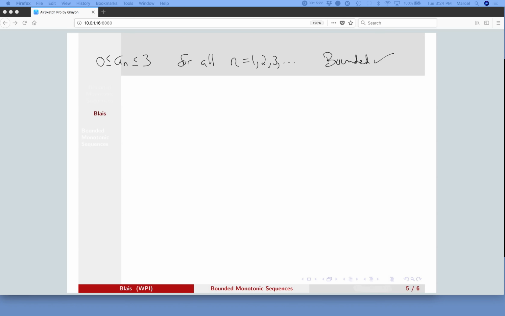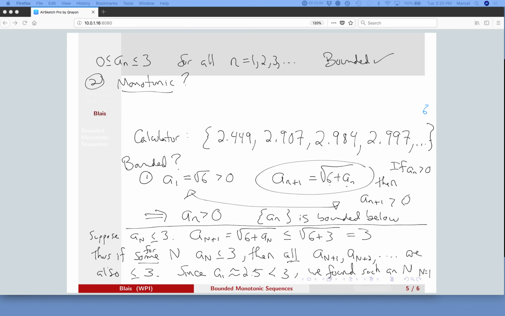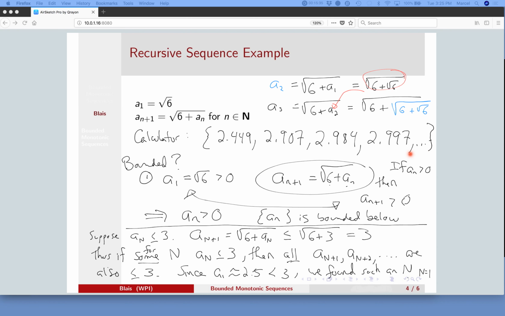How about monotonic? Well, remember, looking at these numbers in the sequence, it looks like this is an increasing sequence. So let's actually confirm that.